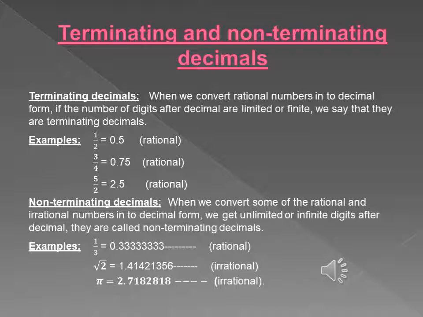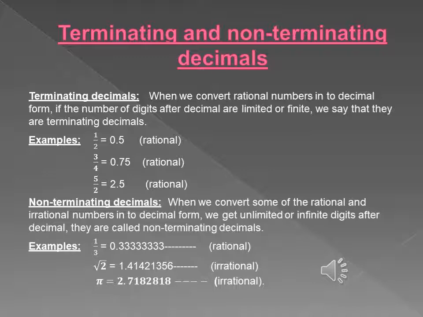For example, 1 by 2 is equal to 0.5. 3 by 4 is equal to 0.75. 5 by 2 is equal to 2.5. You see that these are all rational numbers and they are terminating decimals.